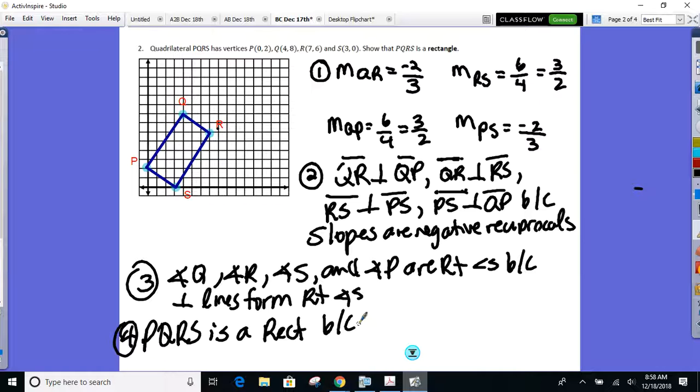I'm okay with that. All right, PQRS is a rectangle because all four angles are right angles. Or it's a quadrilateral with four right angles.